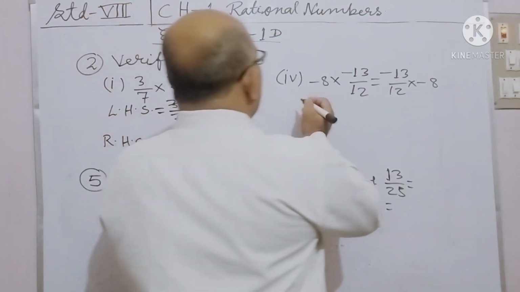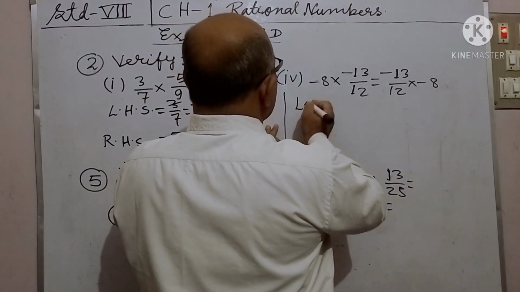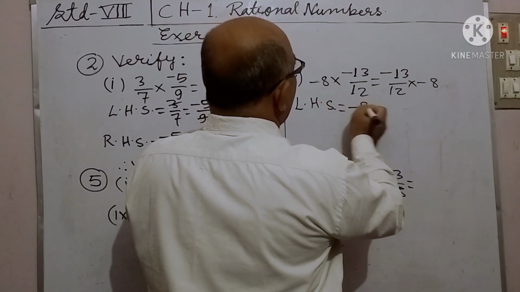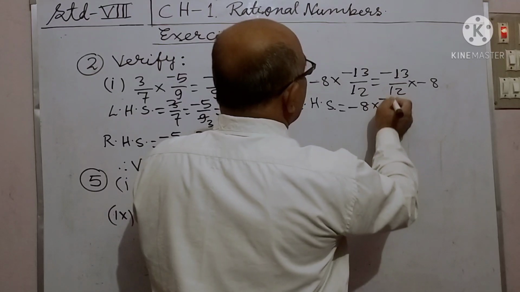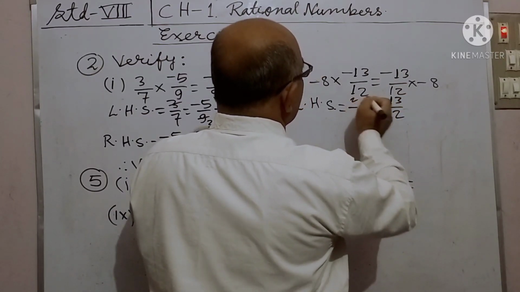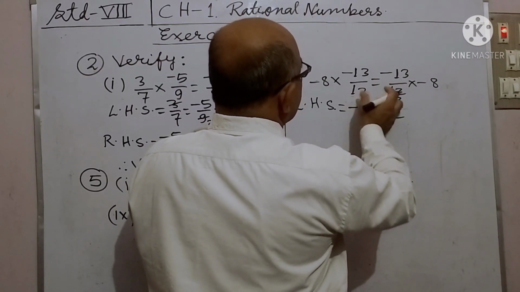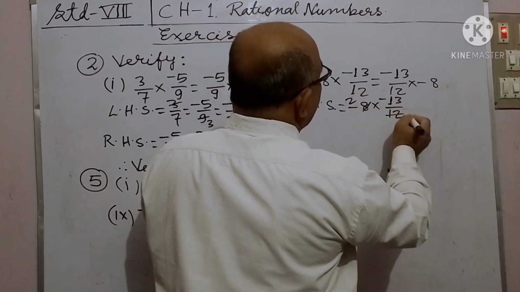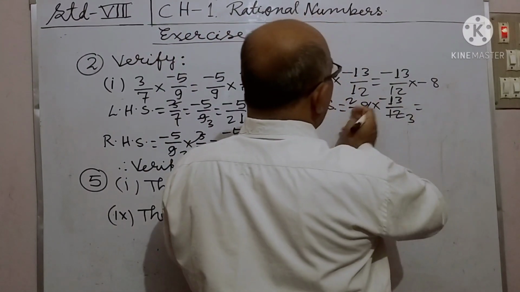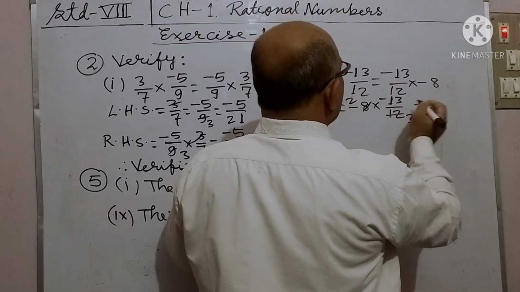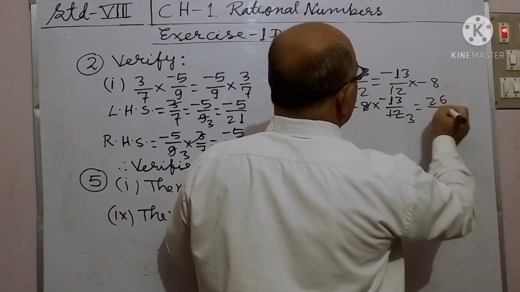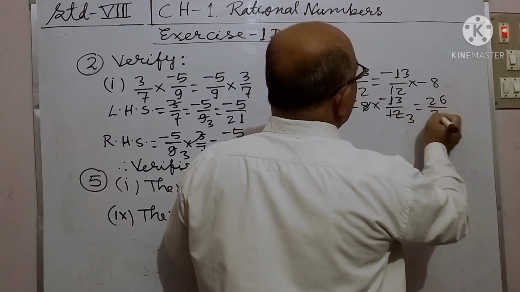But solve with the help of left hand side. Left hand side minus 8 into minus 13 by 12. 4 twos are 8 and 4 threes are 12. Now minus into minus plus, 13 twos are 26 by 3.